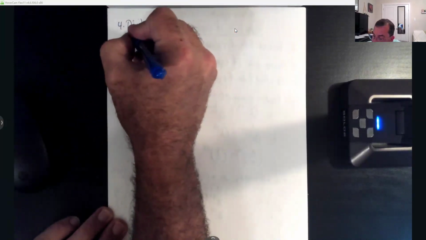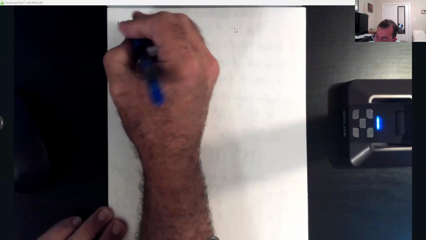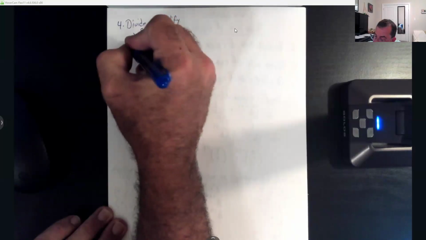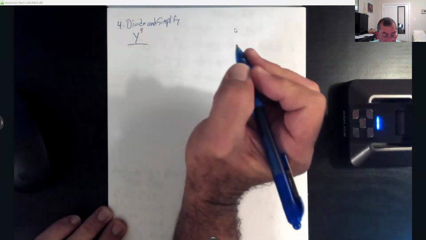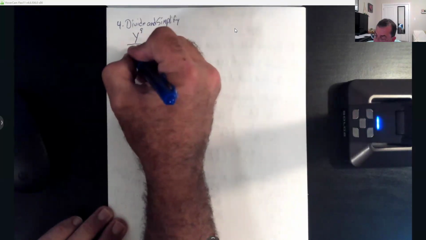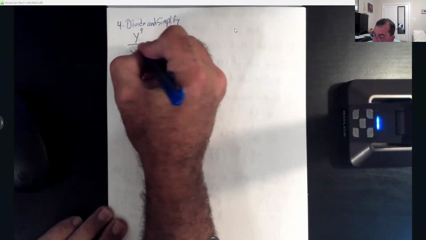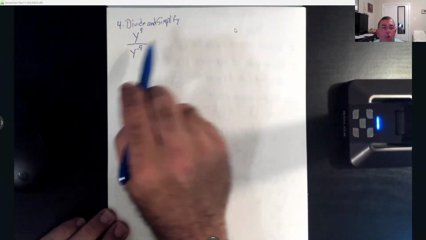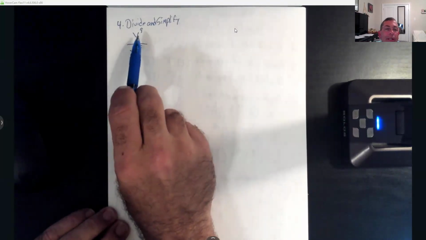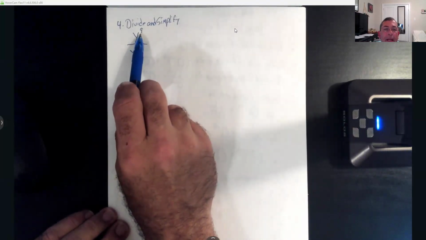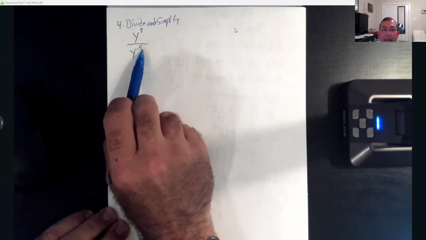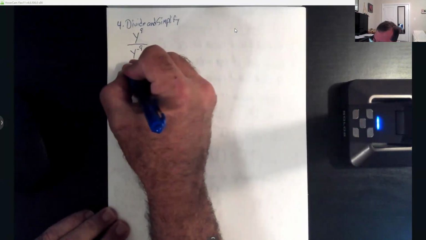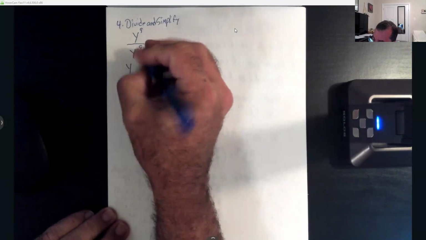So they're giving me a y to the 9th divided by a y to the negative 9th. All right, so this will go back to the quotient rule, which says we take the top exponent and we subtract the bottom exponent. Well, y'all, that'll give me y.